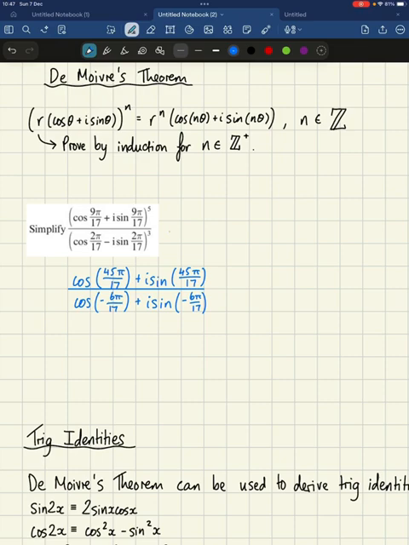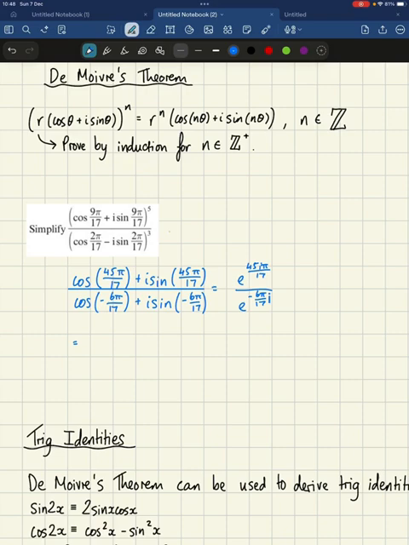Now we've got z1 over z2, so we divide the moduli, that's just going to still be 1, and then all we do is subtract the arguments. Or if you want, we could just convert this to r e to the i theta, so we're going to get e to the 45 i pi over 17, all over e to the minus 6 pi by 17.